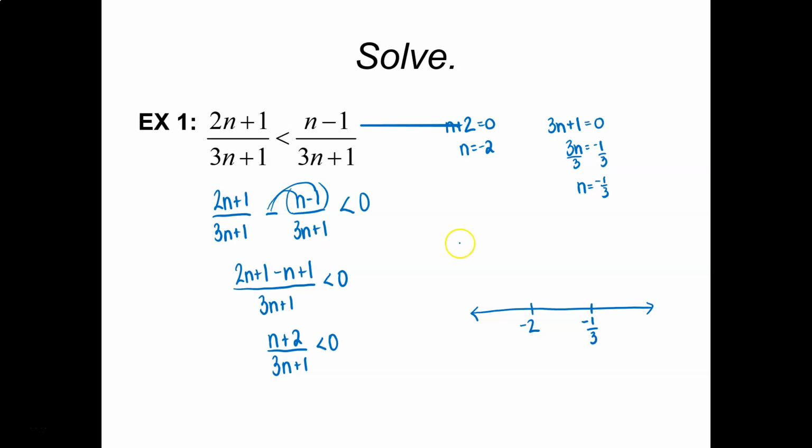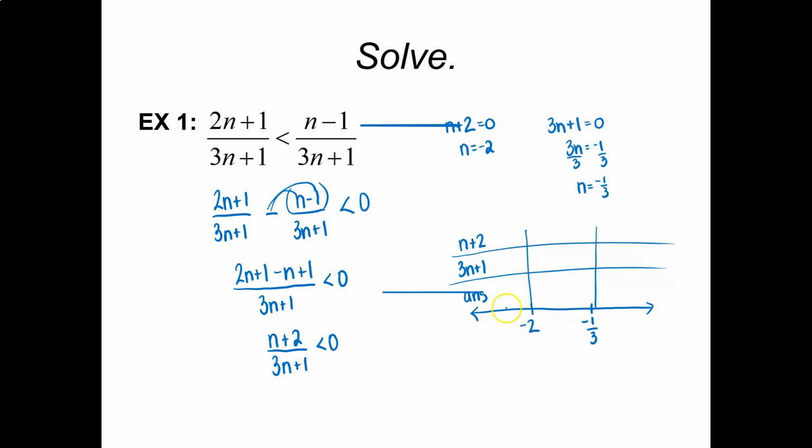And so I like the chart. So, again, we're just plugging in numbers.